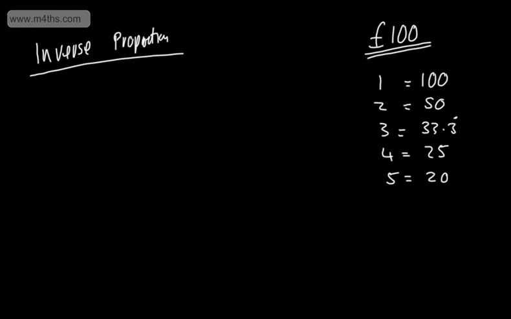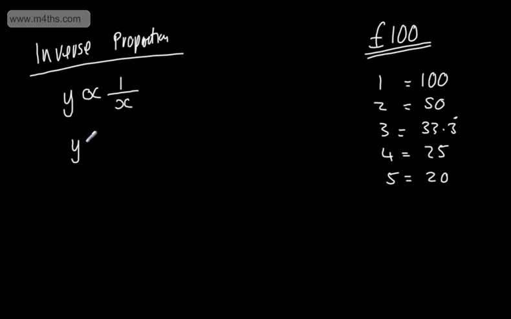And if we wanted to write that mathematically, we could say if 2 quantities, let's take y and x, were inversely proportional, we could now use the notation, and remember this shows proportionality, and we'd write it like so. y is inversely proportional to x.